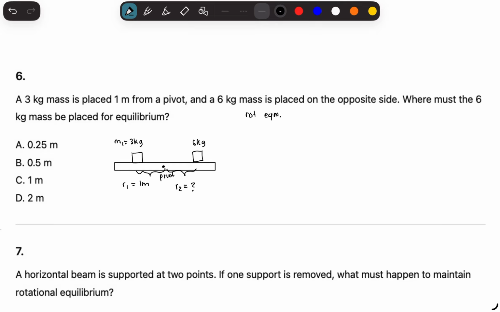So you have rotational equilibrium. Summation of torque is 0. So you have your torque counterclockwise is equal to your torque clockwise.